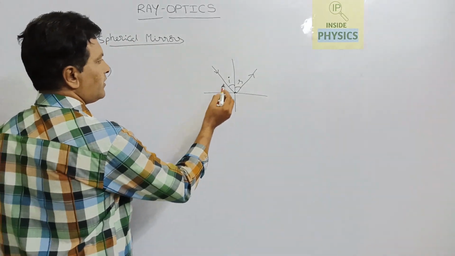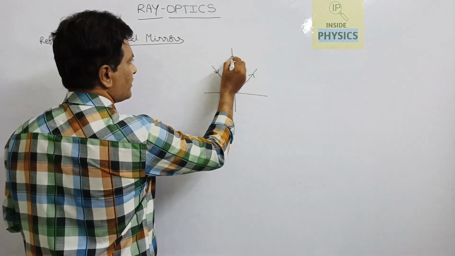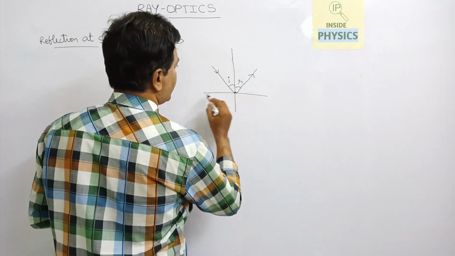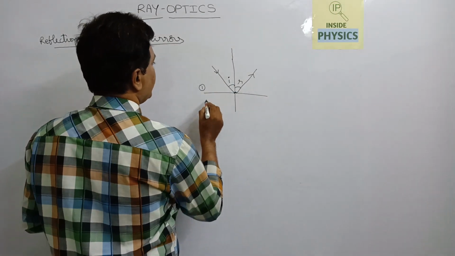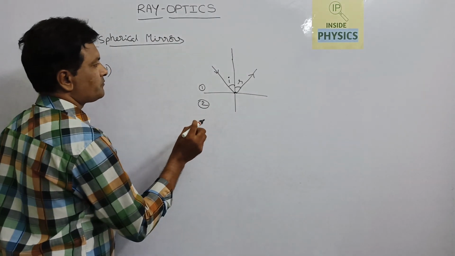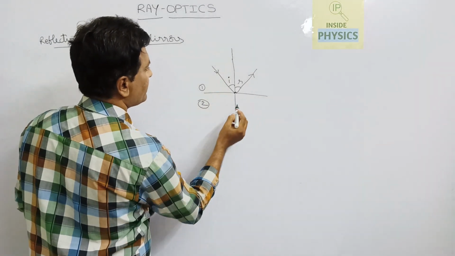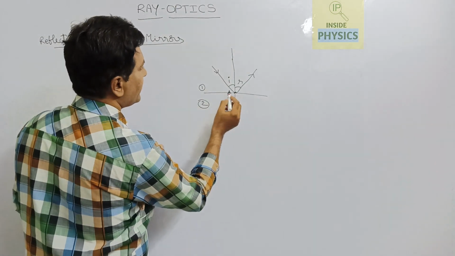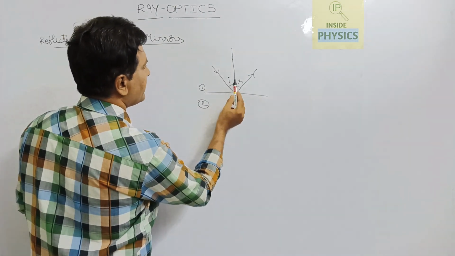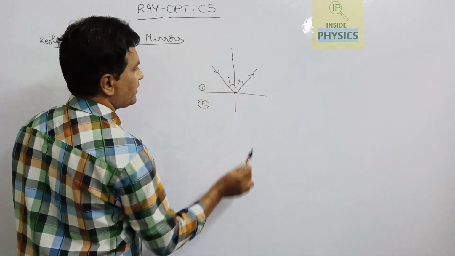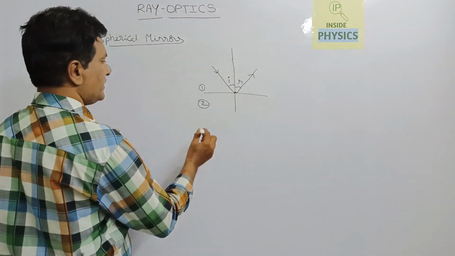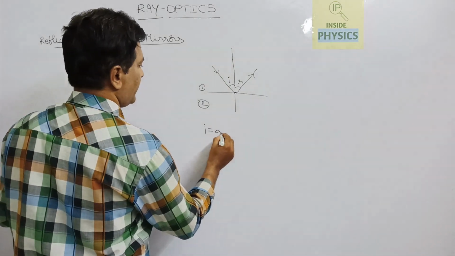If we draw a normal, this is a normal to the interface between medium 1 and medium 2. This is the incident light ray. The angle between the normal and the incident light ray is called the angle of incidence, i.